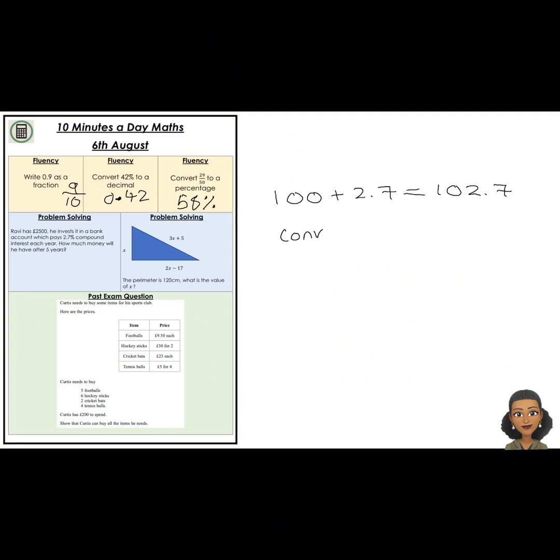Now that means I'm going to divide by 100. So 102.7 divided by 100 equals 1.027.